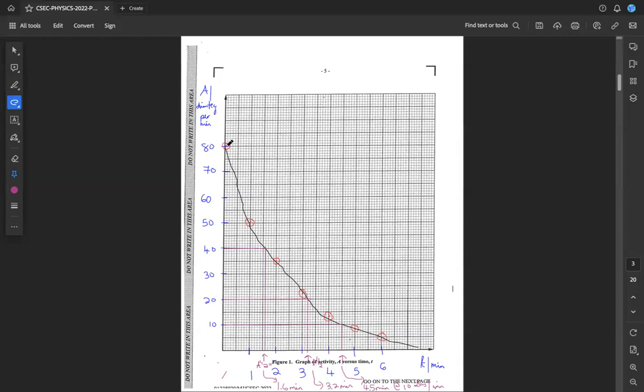So what that means is from the time we start here at t equal to 0, where we're at 80, it takes me 4.5 minutes to get down to 10. So to get down to 10, it takes me 4.5 minutes total.